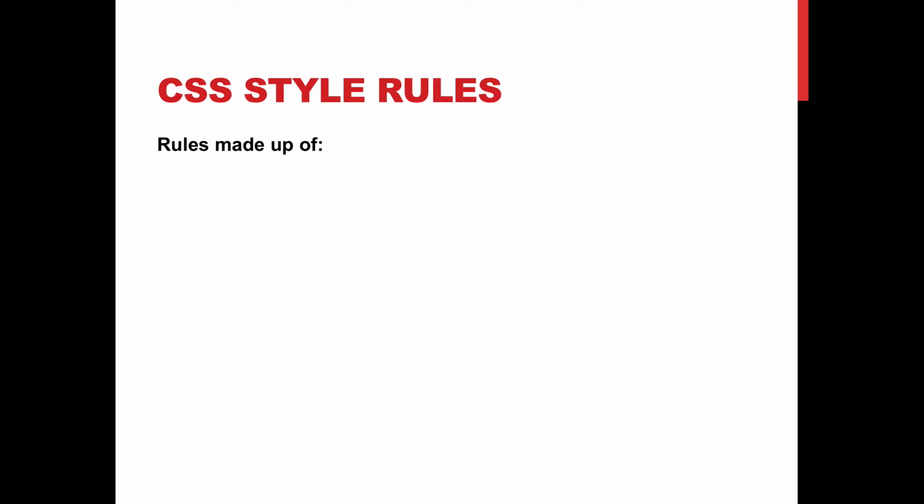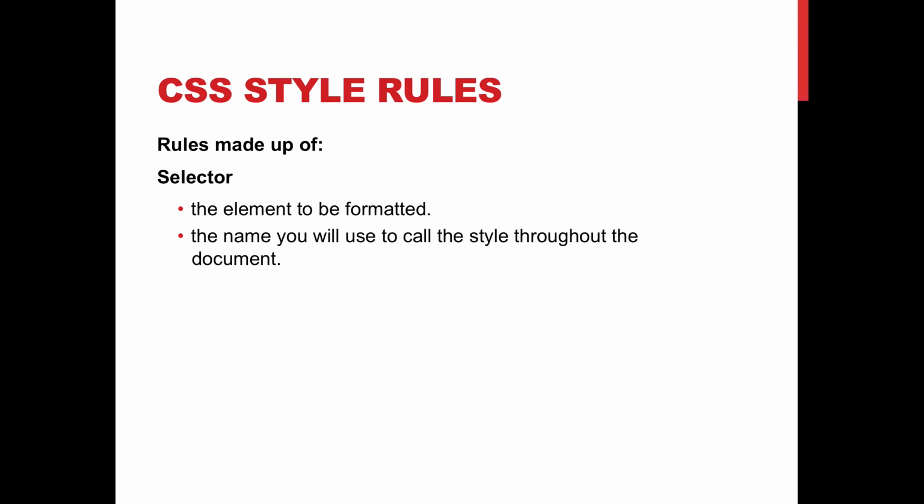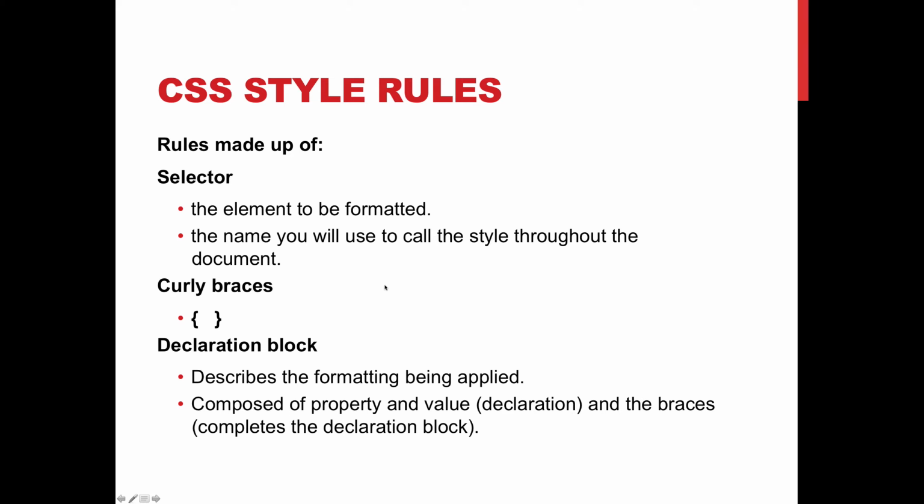Rules are made up of selectors. So a selector basically names, hey, I want to style this element, and you will name it the same throughout the document. And then there's curly braces, so everything that is the rule for a particular element has to go within the same set of curly braces. And then within the curly braces, there's a thing called the declaration block.